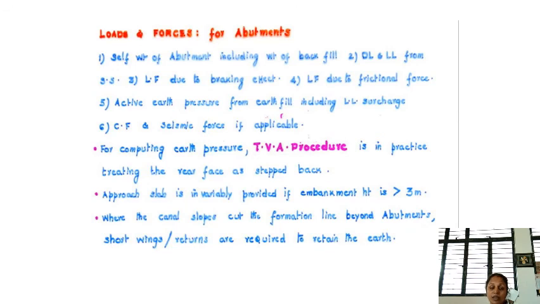The effect of earth pressure due to the backfill will be present in abutments but not in piers, because abutments are the end structures and piers are the in-between structures supporting the entire span. So for computing earth pressure, you have to consider a rear face as stepped back.